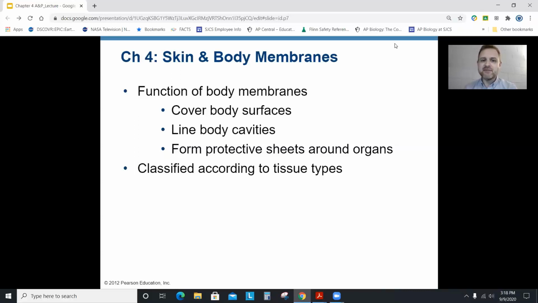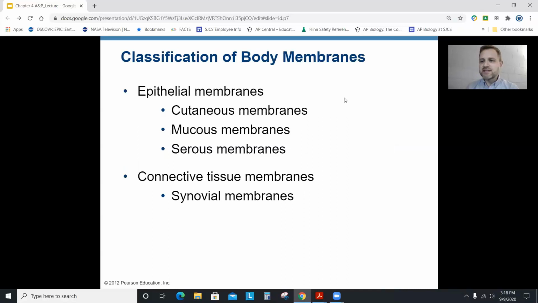You classify body membranes by their tissue types. So the main types of body membranes, you divide them into two categories: epithelial membranes and connective tissue membranes. Epithelial membranes, and this gets pretty detailed, we're going to go through each of these one at a time. Right now, let's just list what they are. Epithelial membranes, there's three types.